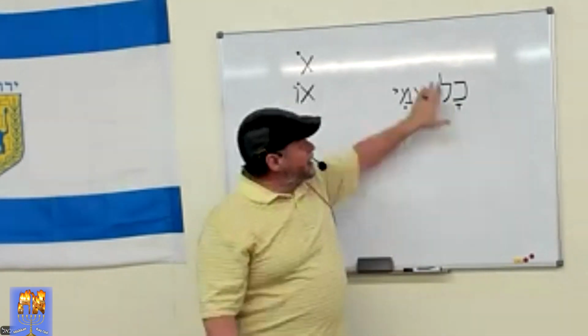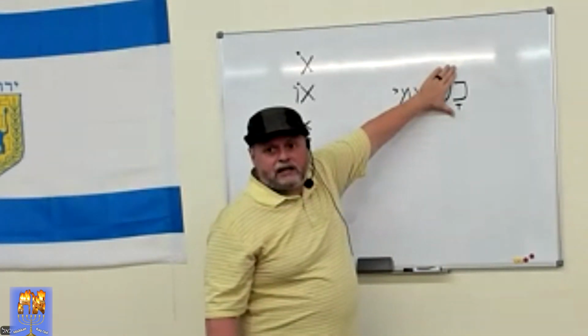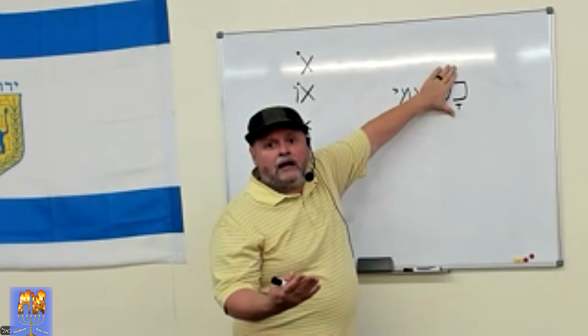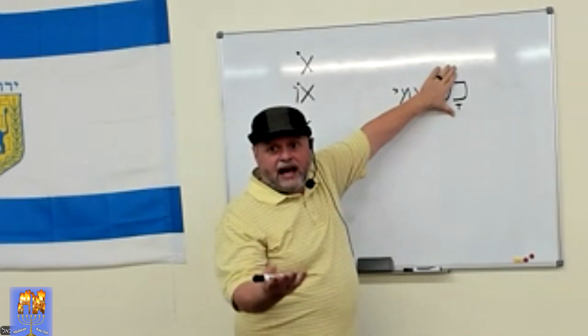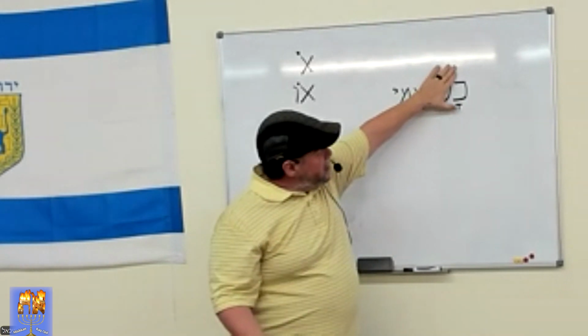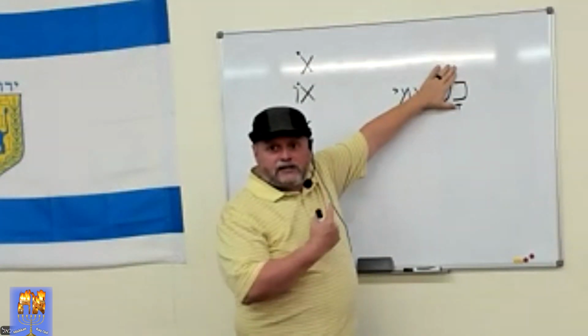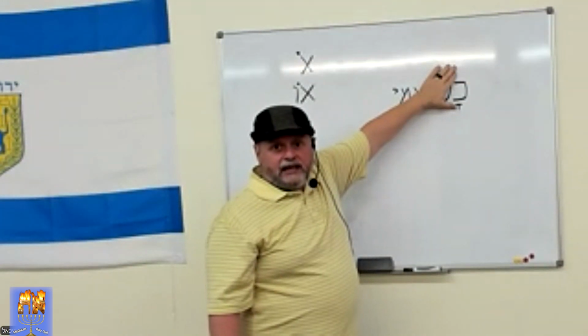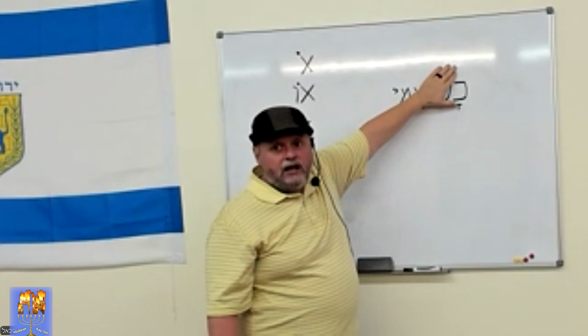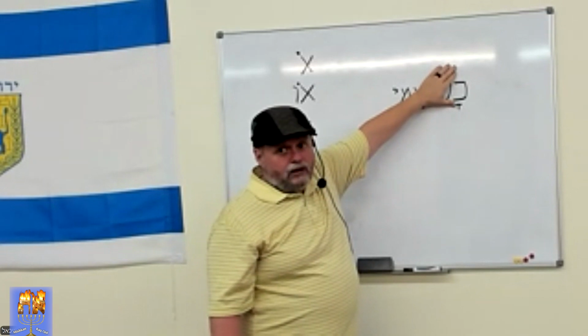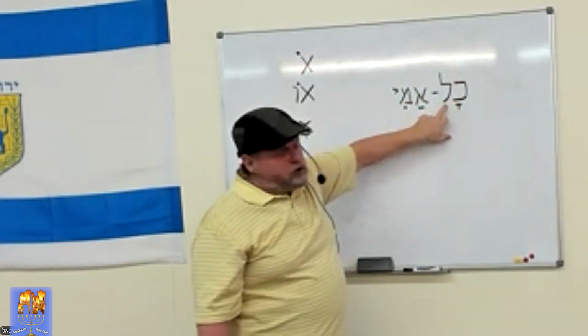If we just had it like this, that would be an open syllable. Ka. Right? We could pronounce it as ka. We would definitely know to pronounce this as an A because there's nothing closing that syllable. So it has to be an O, or it has to be a closed, unaccented syllable. So the lamed closes it.